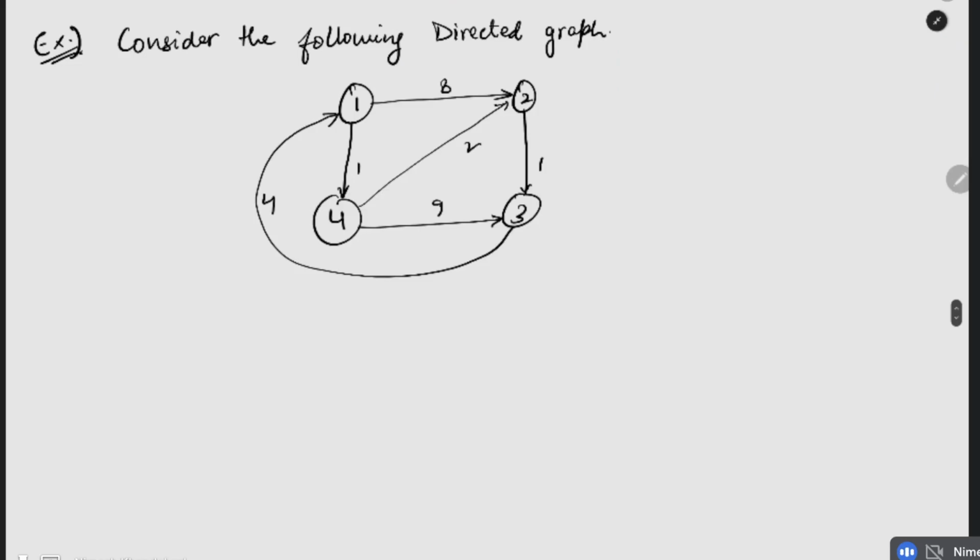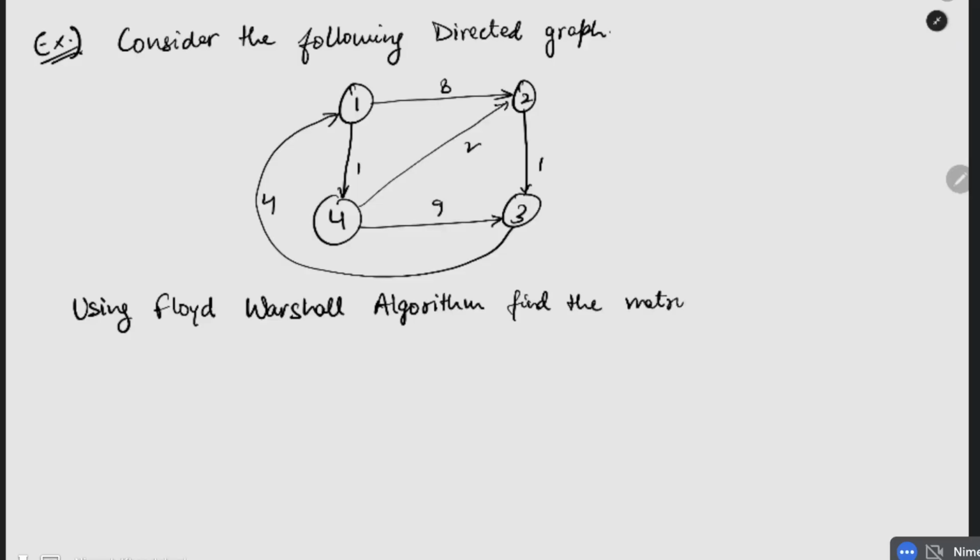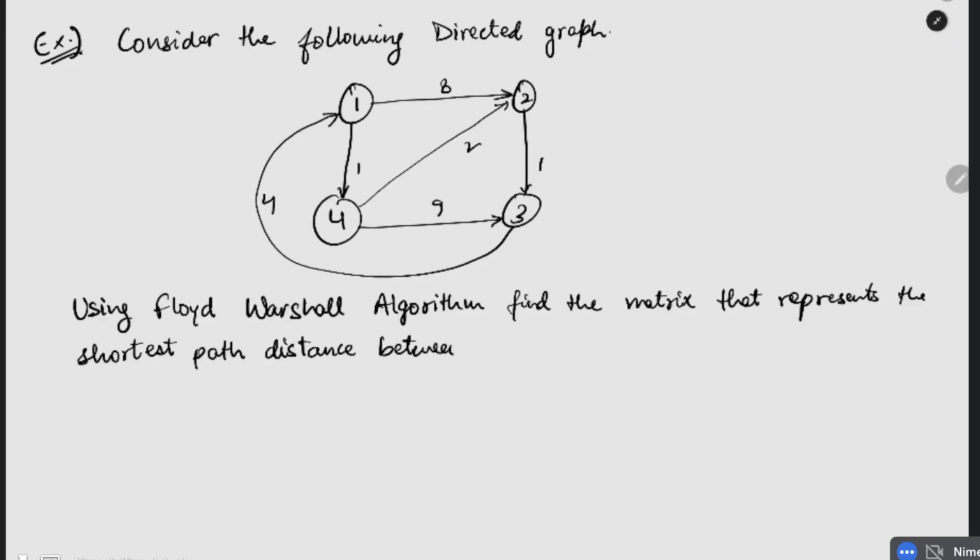What we want to do is, using the Floyd-Warshall algorithm, find the matrix that represents the shortest path distance between every pair of vertices.